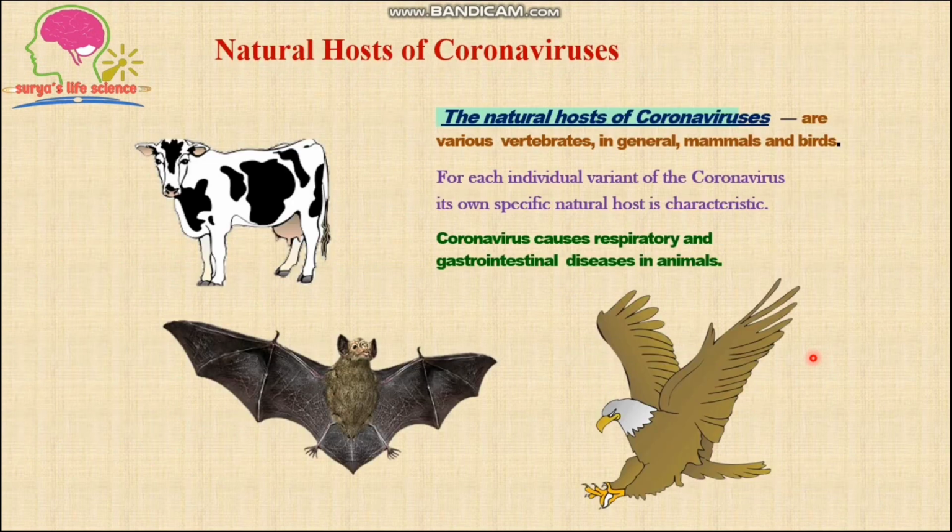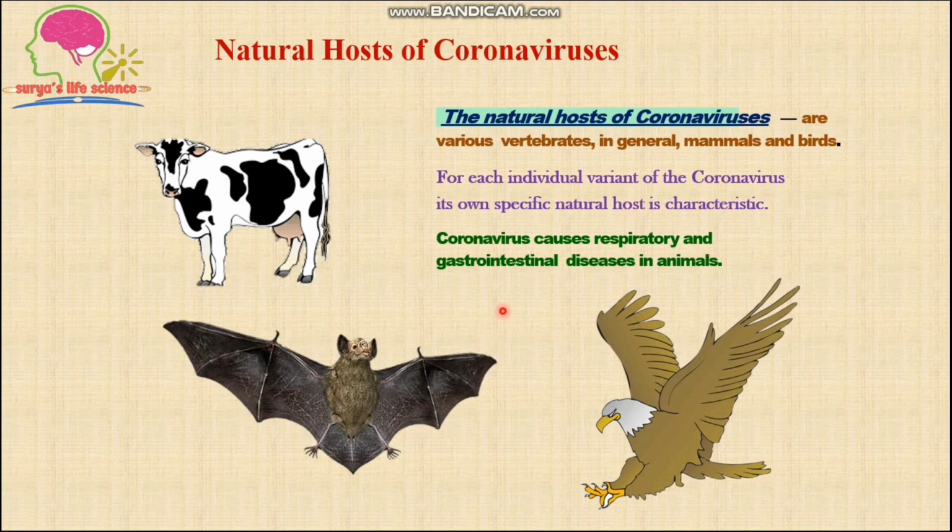Next, let us discuss the natural host of coronavirus. The natural hosts of coronavirus are various vertebrates, which include mammals and birds. Basically, it is a versatile virus which can affect most kinds of organisms. It can affect cattle, it can affect a bat, it can affect an eagle, and many more such organisms. Each individual variant of coronavirus has its own specific natural host, which means that coronavirus is highly specific in nature.